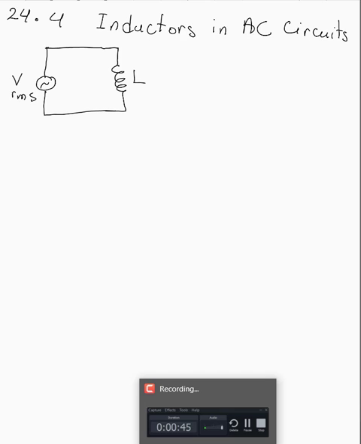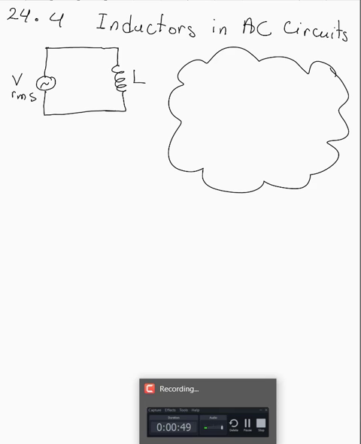If you remember, for the case of capacitor, the voltage across the capacitor was equal to I times X sub C, and this X sub C was called the capacitive reactance. Now, the reactance for capacitor was equal to 1 over omega C, and this is just a small note here.